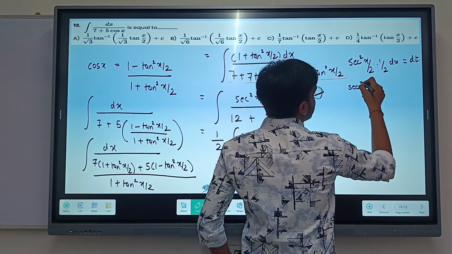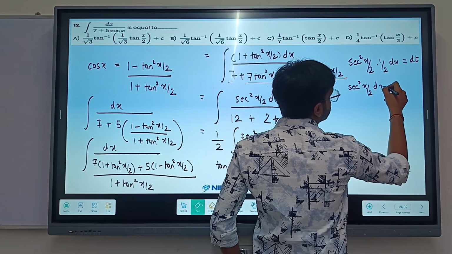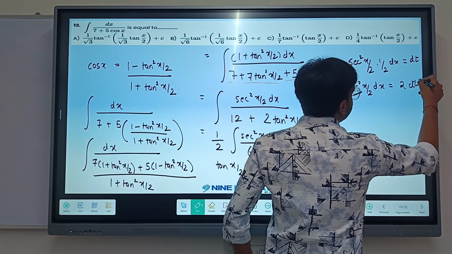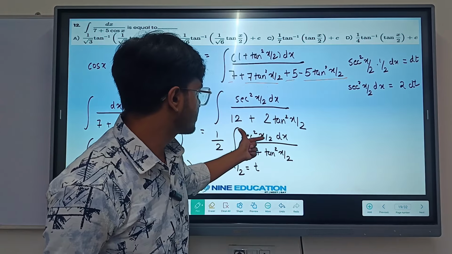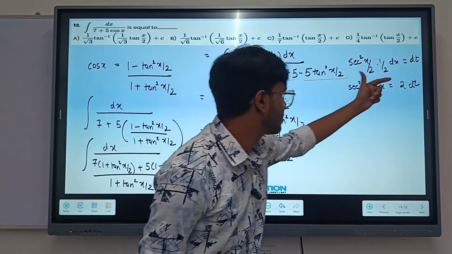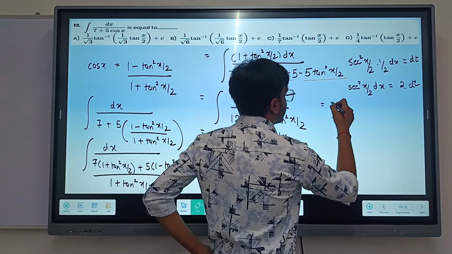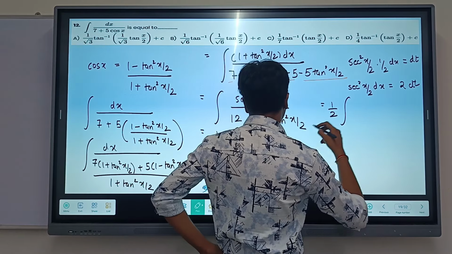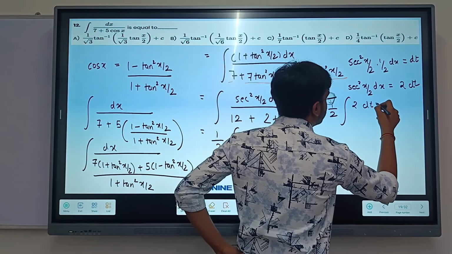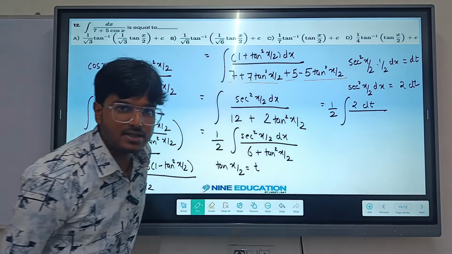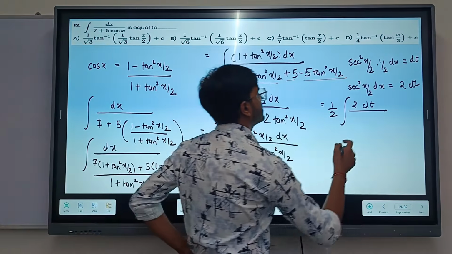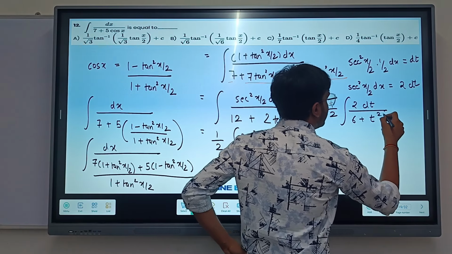So I'll get secant square x by 2 dx equal to 2 dt. So our integral value would be 1 by 2 integration, secant square x by 2 dx is 2 dt, divided by 6 plus tan square x by 2, that is, 6 plus t square.